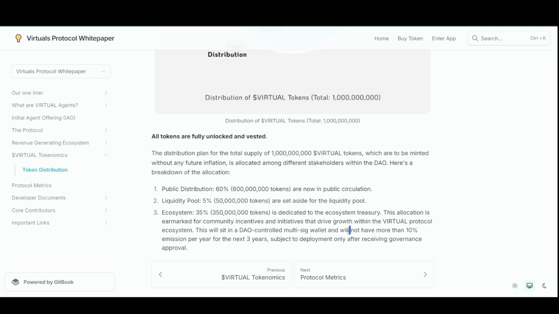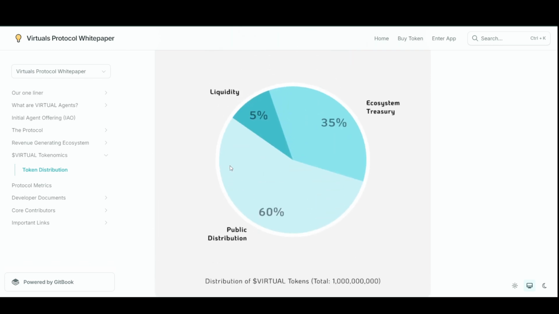That depends on the protocol, and they do have some limits. As you can see here, the DAO controls a multi-sig wallet and will not have more than 10% emission per year. So that's pretty good, I think, overall. As far as the tokenomics, the token seems to be fine, so we don't have to worry about that, at least as of now, for potential virtual supply increases.